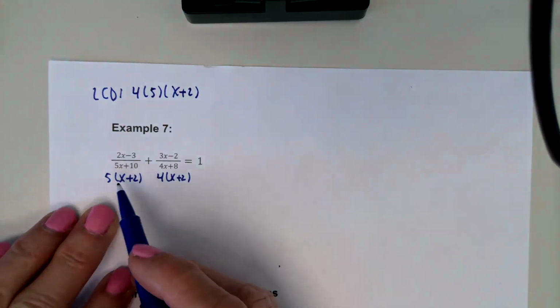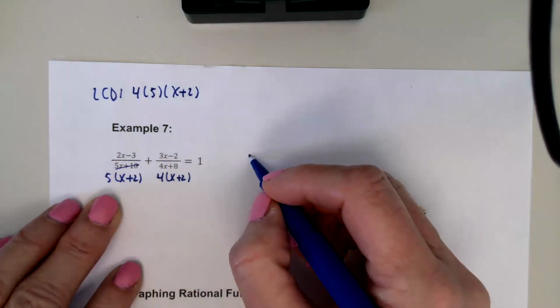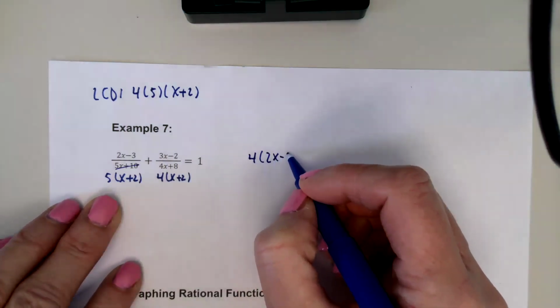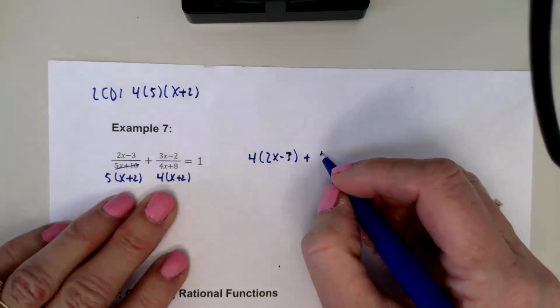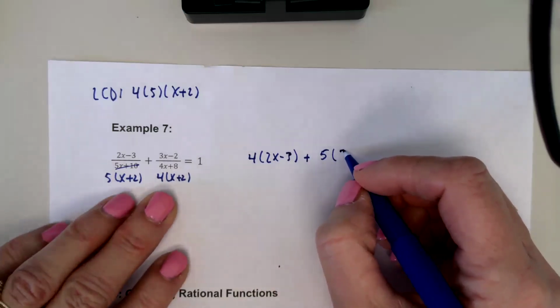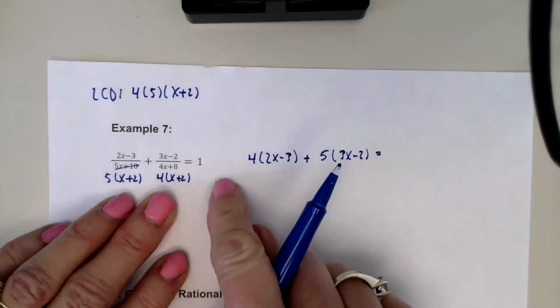Okay, so the first fraction, to cancel out the denominator, we are only missing the 4. So we have 4 times 2x minus 3 plus the second fraction is missing the 5, so 5 times 3x minus 2, equals, the 1 is missing all of it.